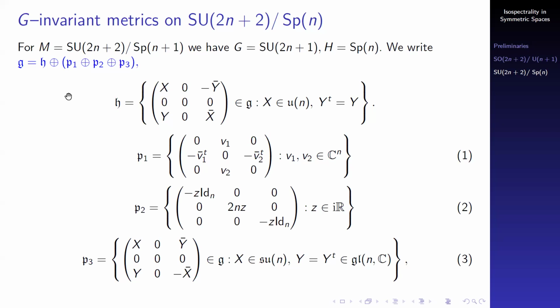And in this case, we found that we have three irreducible, non-equivalent components. So here we have h, the Lie algebra, and p1, p2, and p3. We are going to compute it in a similar way to the first one, but the difference is that we have three components here.